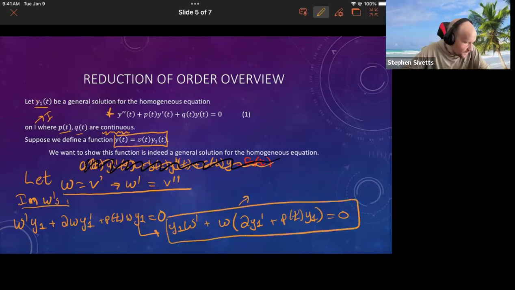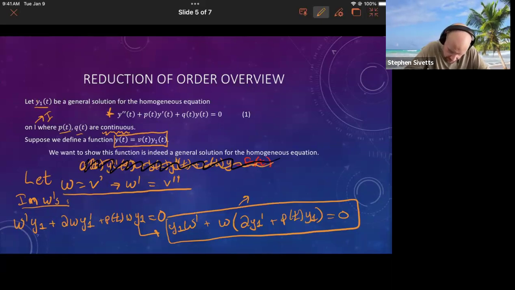And then we can get to solving what w is, and therefore back substituting to get the other general solution.